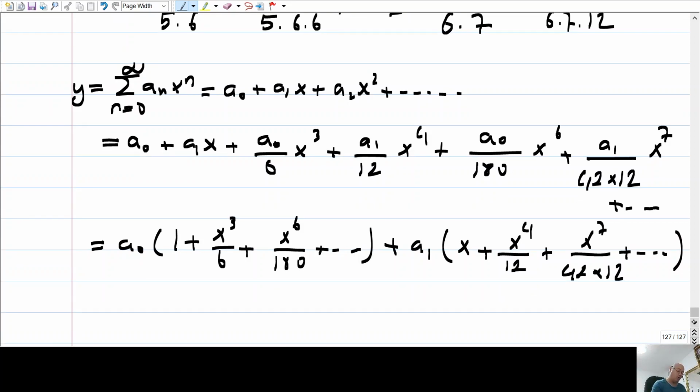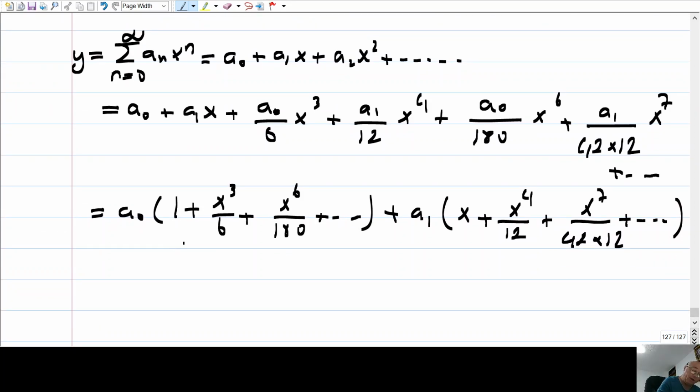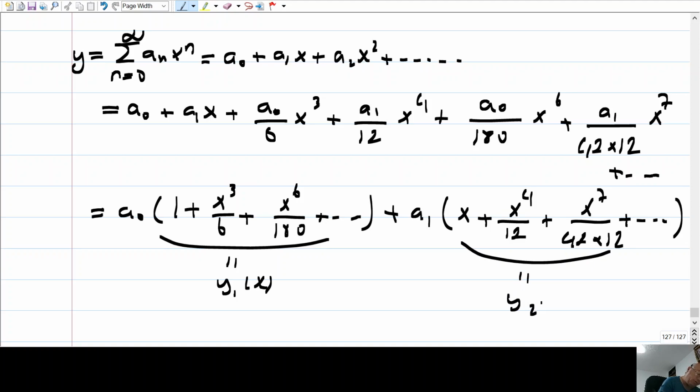Okay, so this is my y1, and this is my y2, and we know that they have infinite radius of convergence by the theorem. The theorem tells us that.